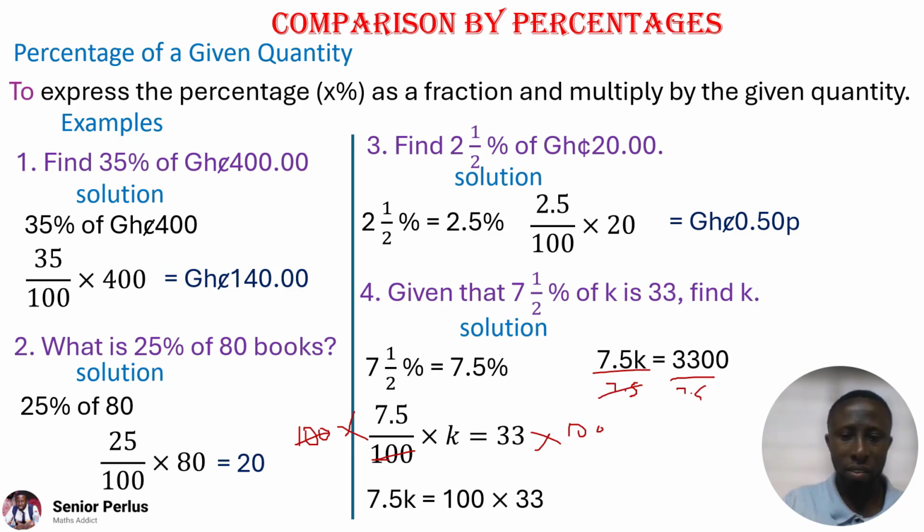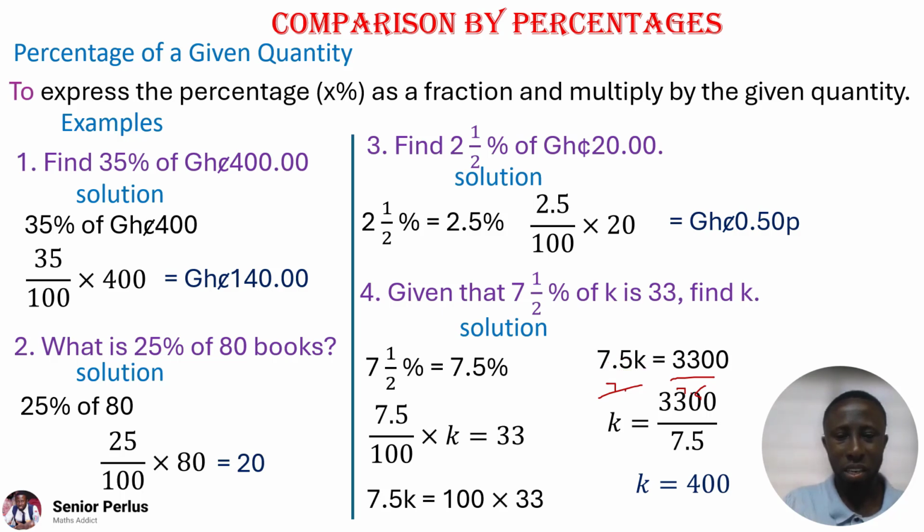You cancel, then this is it. Therefore, your k is 400. Very simple logic, and very nice too. Good. Move on to the next one.